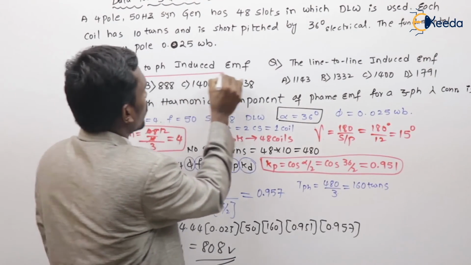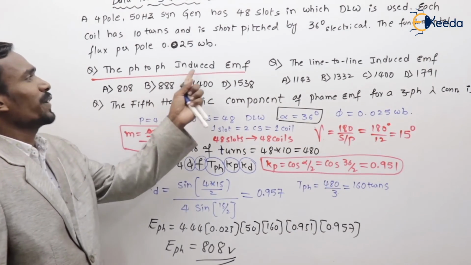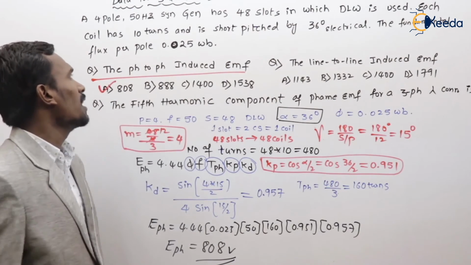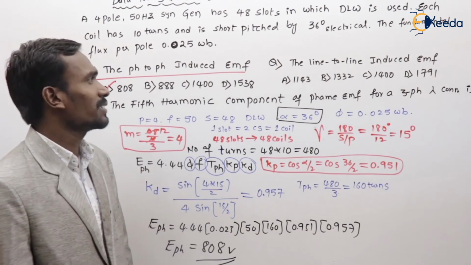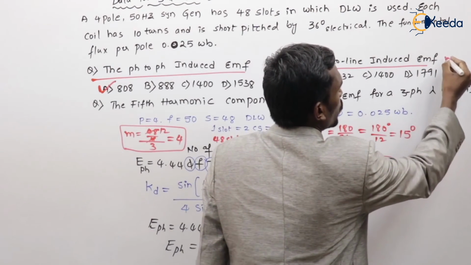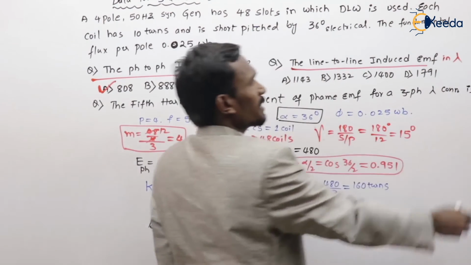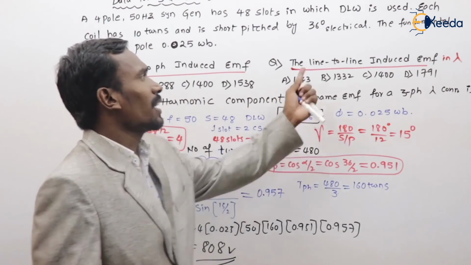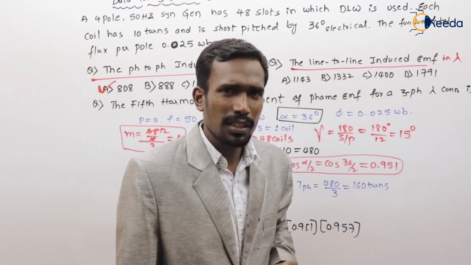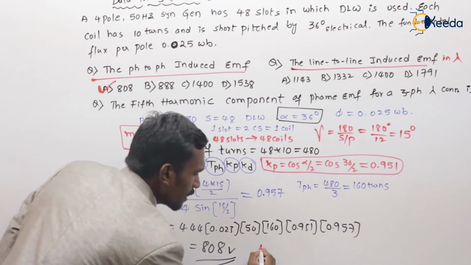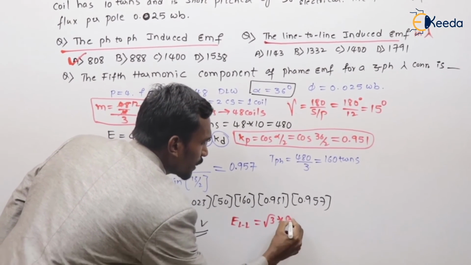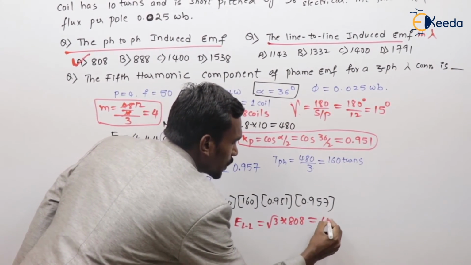Our first question, the phase induced EMF, is 808 volts. Next, second question, the line-to-line induced EMF in the star-connected alternator. E line-to-line is equal to √3 into E phase.